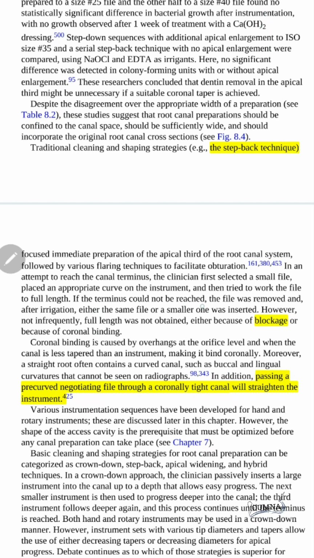This means that if the file could not reach the apical area and was removed, then we did the irrigation, residual dentine has blocked the apical area, and we lose the working length.